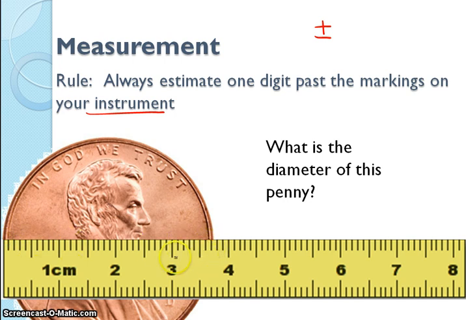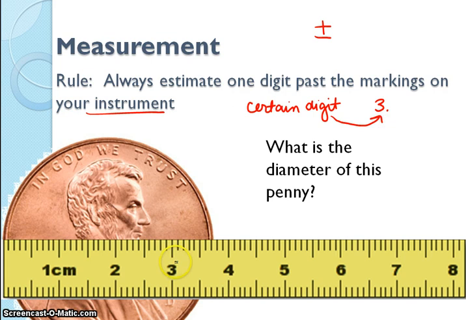And we know that the first digit, what we call the certain digit, will be first. So reading this, this would be 3 point something. And this is definitely certain.